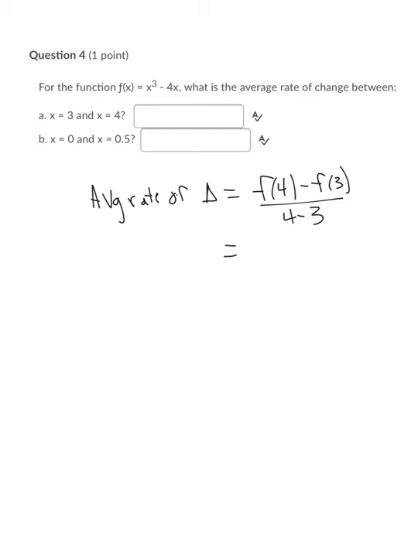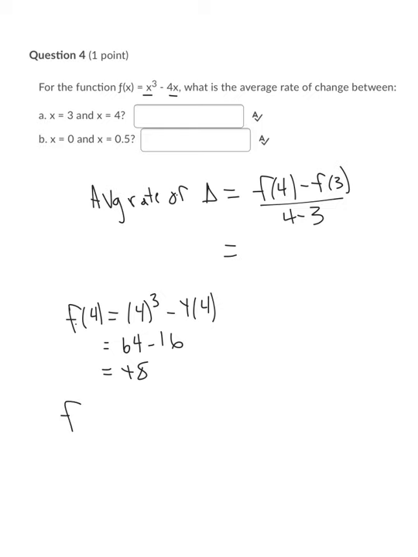So if I were to do f of 4, I'm using my original function, not my derivative. I'm going to get 4 cubed minus 4 times 4. So I'm plugging a 4 in everywhere I see an x. So 64 minus 16, 48.